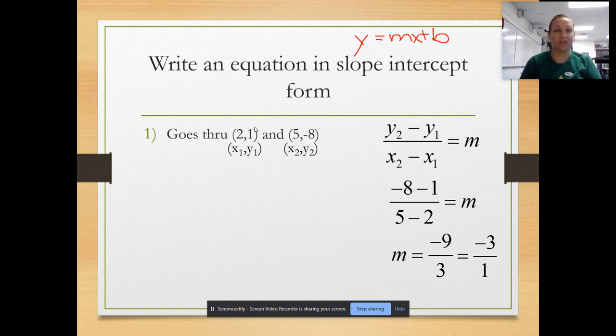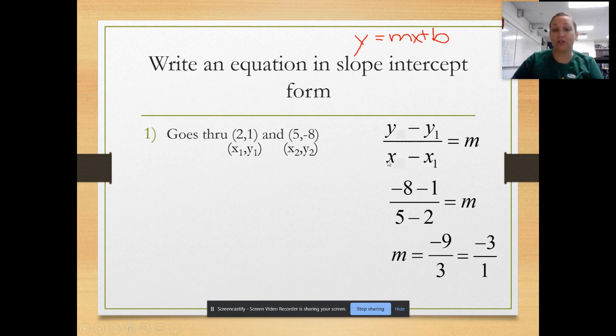Once you've found your slope, you're going to go back to your slope formula, and we're going to use the altered slope formula for our second step. The altered slope formula just gets rid of the little 2's, and it makes it just the letter y and just the letter x.